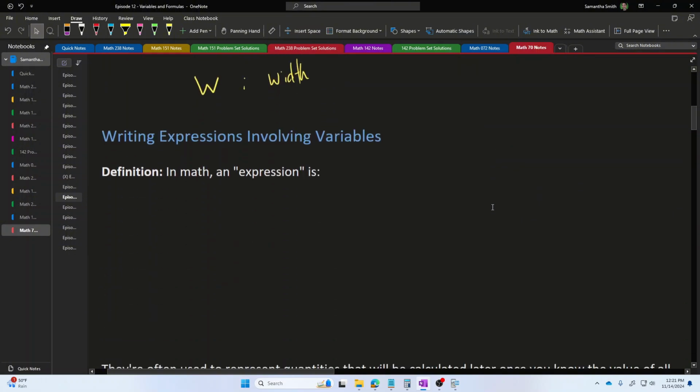Now let's talk about how we write down expressions that involve unknown numbers that are represented by variables.